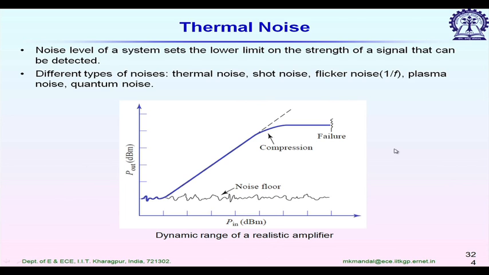Now the sources of noise can be different. It can be thermal noise, shot noise, flicker noise, plasma noise, quantum noise, etc. Among these, thermal noise plays the most important role and its contribution is highest. Why does thermal noise happen?